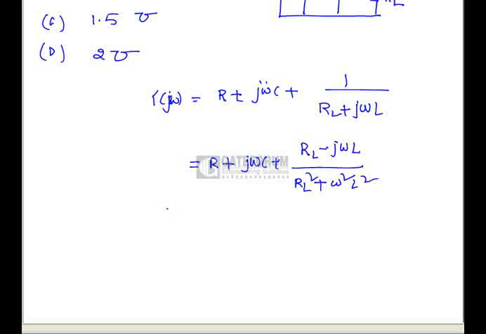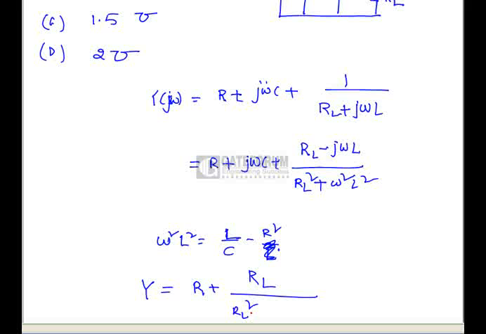So if we make the imaginary term 0, we will get omega square L square equal to L by C minus R square. So omega square L square equals to L by C minus R square. So here now the admittance at resonance equals to (R plus RL) by (RL square plus omega square L square).